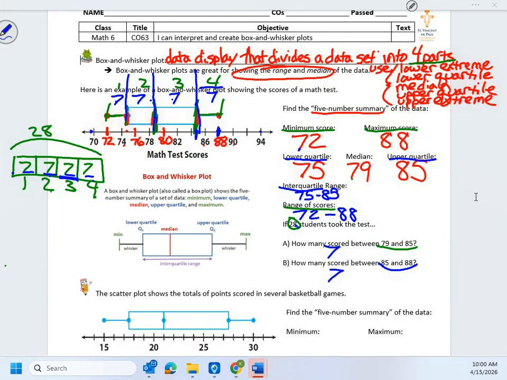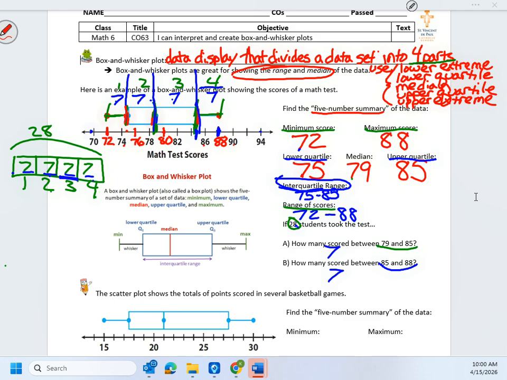Sometimes they'll ask us about 2 sections together. If it asked us about the interquartile range, how many scores would be in that interquartile range? Remember that interquartile range is the box.